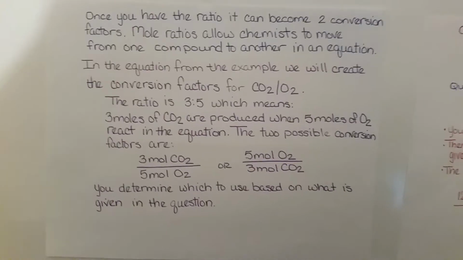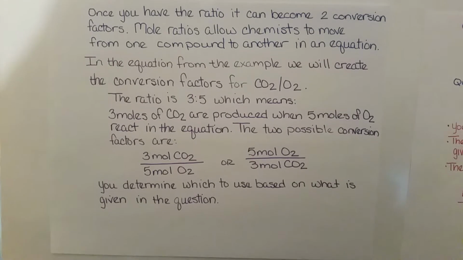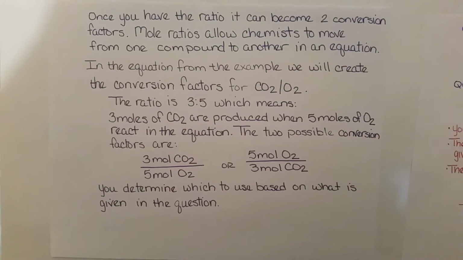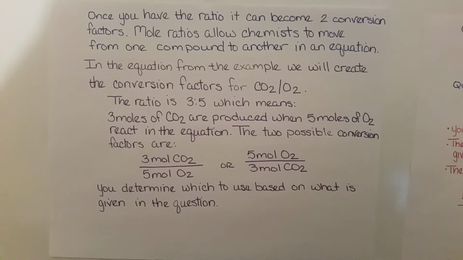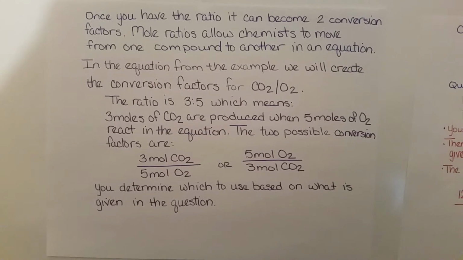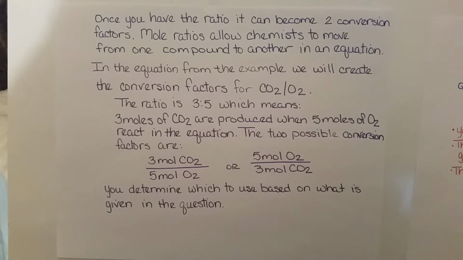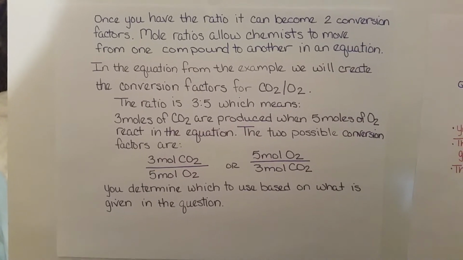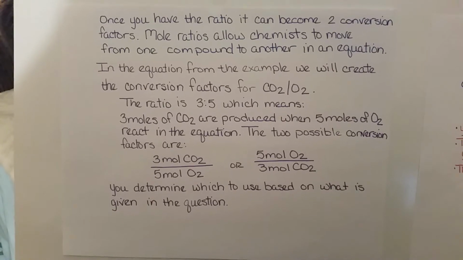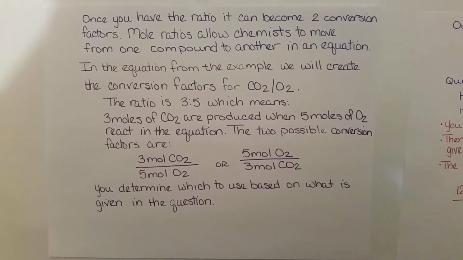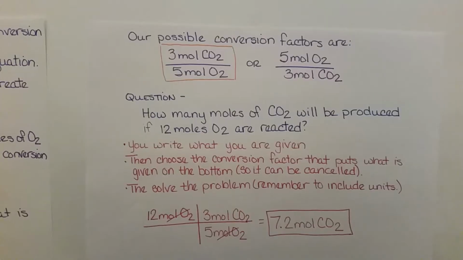It gives you two possible conversion factors. The first one puts carbon dioxide on the top, so 3 moles of CO2 over 5 moles of O2. Or you just flip it over, 5 moles of O2 over 3 moles of CO2. You determine which factor to use based on what is given in the question.